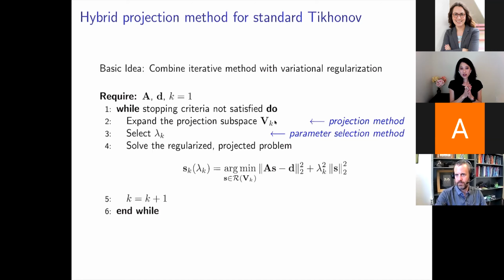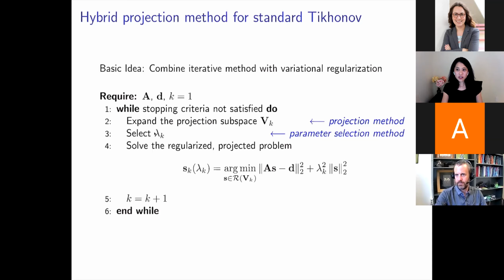Once I've created my projection subspace, I'm going to find a regularization parameter for that projected problem. I don't want to look for the regularization parameter for the full problem because I can't, because A is too large. But I can do it for the projected problem because it's going to be smaller than my original problem.